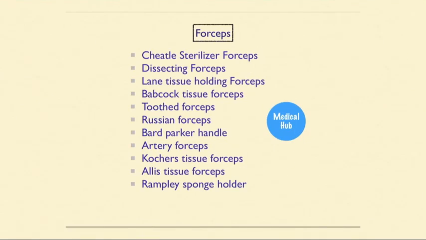Next we will discuss forceps. Here we will discuss Chittle sterilizer forceps, dissecting forceps, Lent tissue holding forceps, Babcock tissue forceps, toothed forceps, Russian forceps, Bard-Parker handle, artery forceps, Kocher's tissue forceps, Allis tissue forceps and Rampley sponge holder.